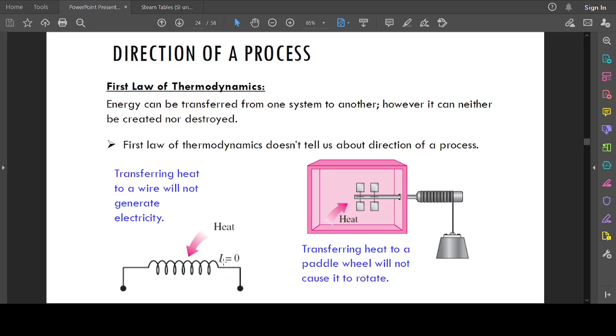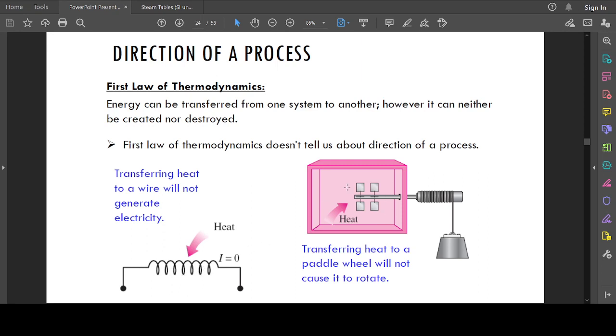Now, if there is zero current passing through this wire, which means there is no electrical energy passing through it, and you apply heat from the environment onto that wire, you will never have electrical energy as a result of the heat being applied to it. Okay, does that make sense? So you can always have heat released from this wire if there is electrical energy passing through, because some of that electrical energy will be lost as heat to the environment. But the opposite direction is not going to happen.